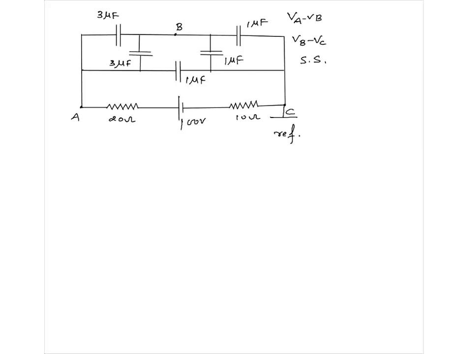Left point is 100 volt higher potential than the right point. Right point is 0 potential. That means A is going to be at 100 volt. All these points are at 100 volt.